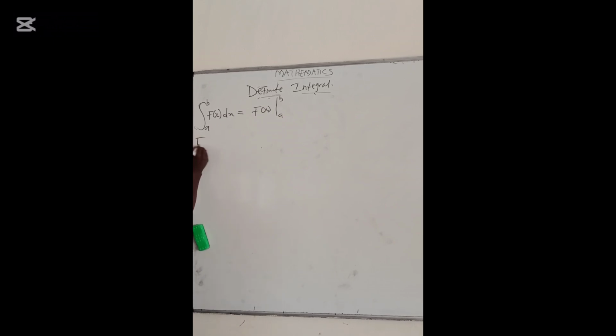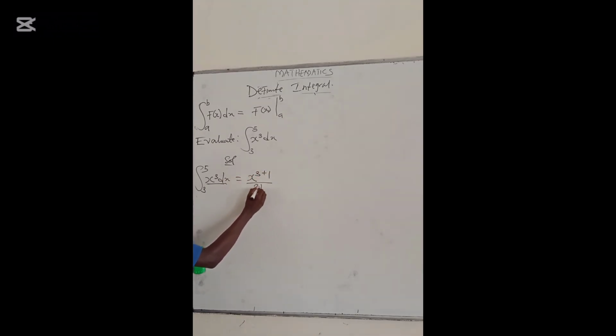Example 1. Evaluate the integral from 3 to 5 of s raised to power 3 ds. Solution: the integral of s raised to power 3 ds will be equal to, if you integrate this, s raised to power 3 plus 1 over 3 plus 1.